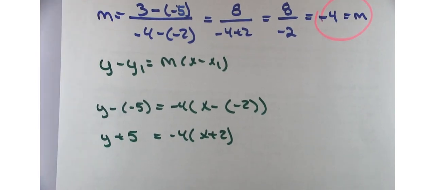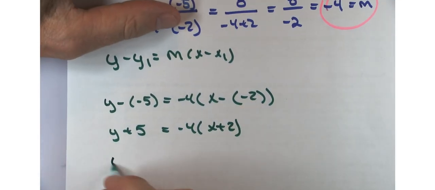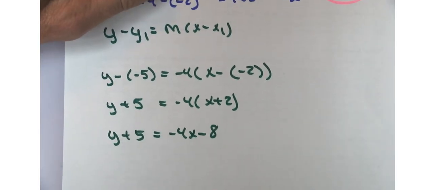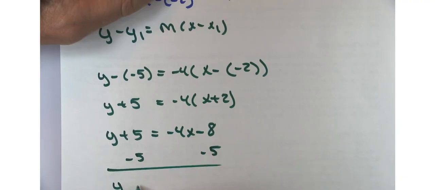Notice that before I tried to distribute that -4, I cleaned up what was inside the parentheses. Y plus 5 equals -4x minus 8. What's the last step here? Subtract 5. Y equals -4x minus 13. Nice.